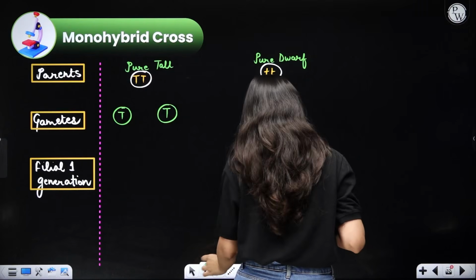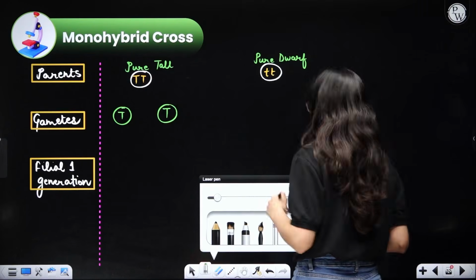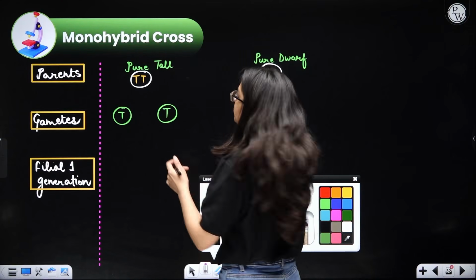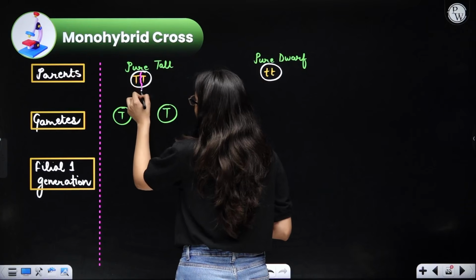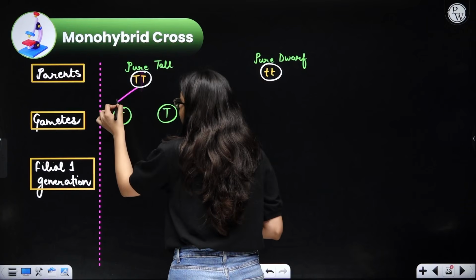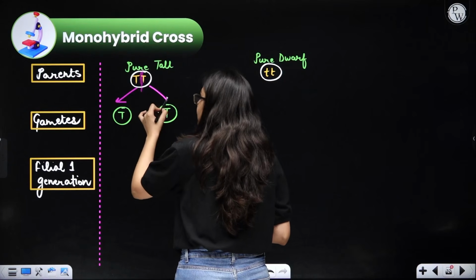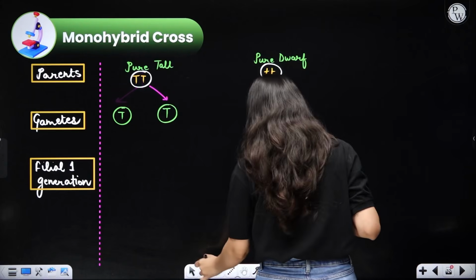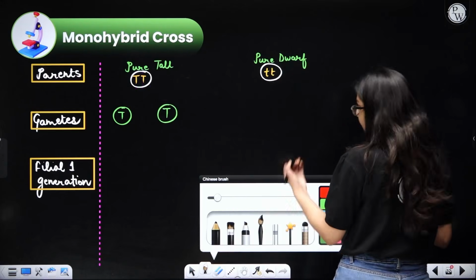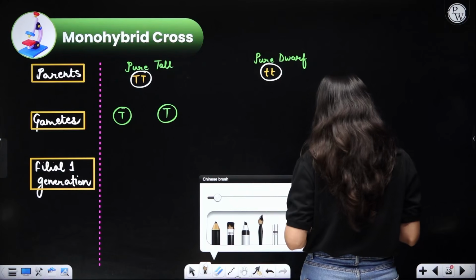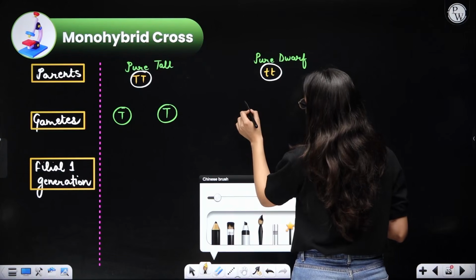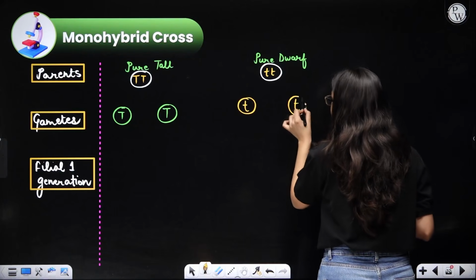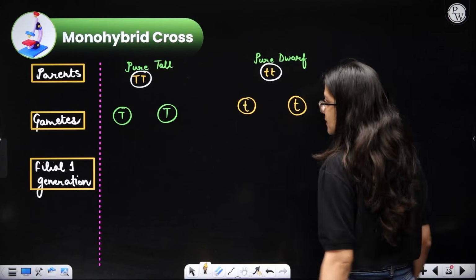Whenever gamete formation takes place, as you know, gametes are haploid in nature. They have only one particular copy of each chromosome. So when they separate at the time of gamete formation, one of the gametes will carry this capital T, the other gamete will carry this capital T. Got my point? Likewise, this particular parent will also form gametes. The alleles will be separated. So how will it look? One gamete will have small t and the other gamete will have again small t. So both of these are now separated.